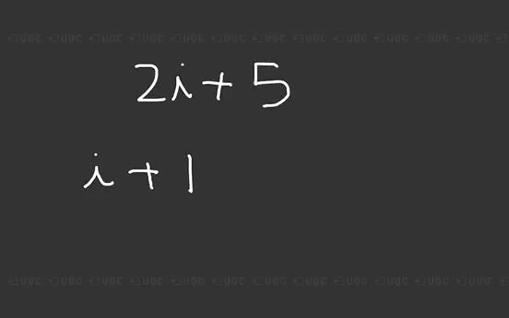What if we add I plus 1? Or maybe 2i plus 5. So what do you call these numbers? One part of them is a number we already know, and the other part is an imaginary number.